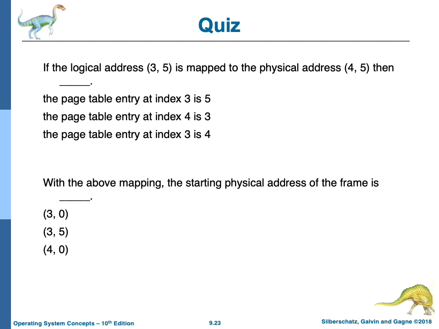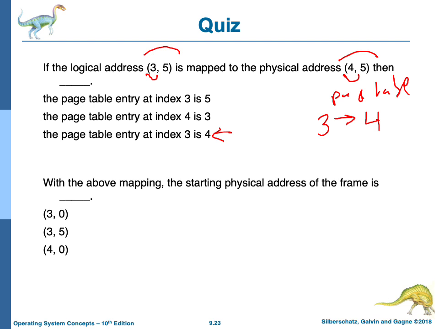And so if you have a logical address 3.5, and we know it is mapped to the physical address 4.5, this means page number 3 is mapped to frame number 4. Therefore, if you're looking at the page table, then you're going to find that index number 3 is going to have frame number 4, okay?